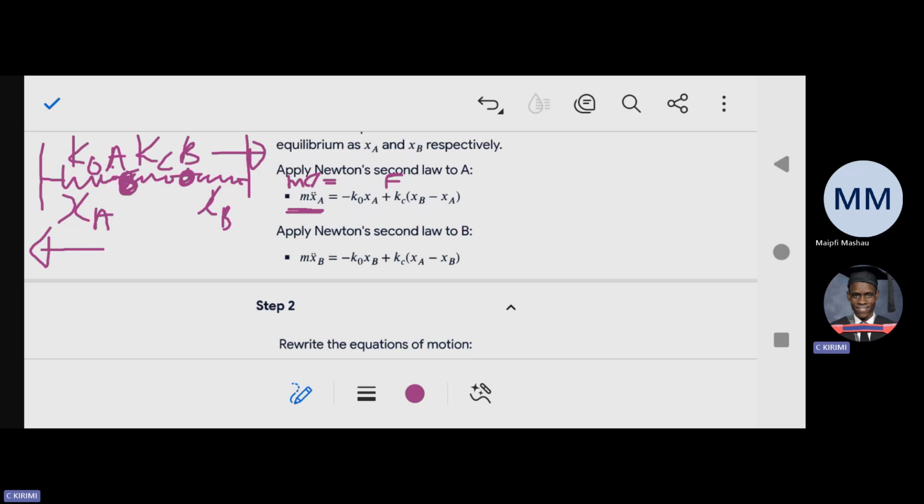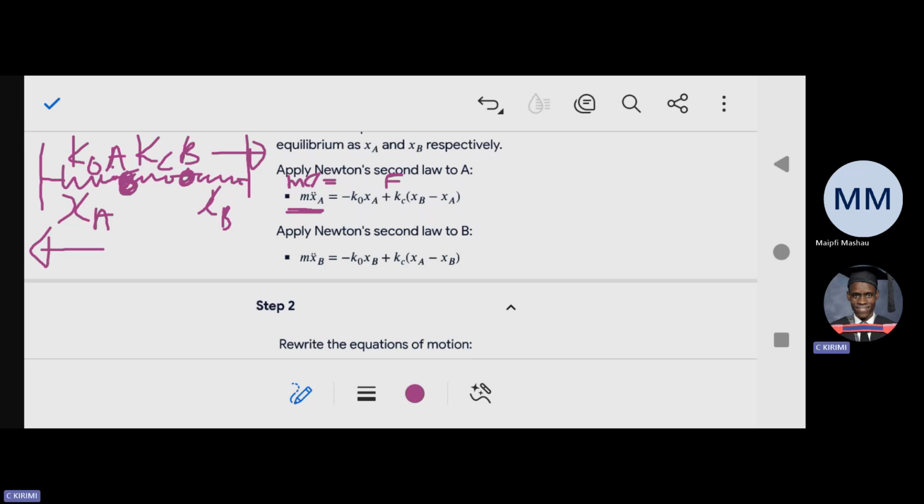So the force of A and KC, they are going to be having different directions because of the positioning of the spring.